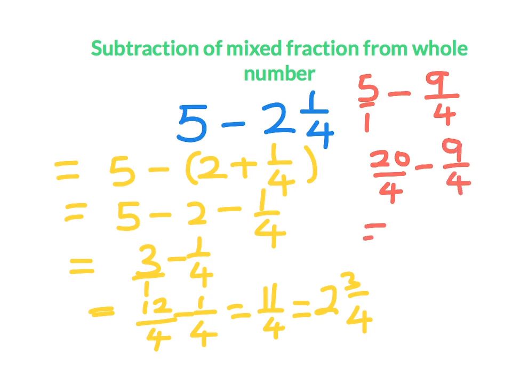And that gives us a value of 20 minus 9 gives us 11 over 4. And if you write that in mixed fraction form, it's going to be 2 3/4. So that's how you can use these two methods to help you find the value of 5 minus 2 1/4.